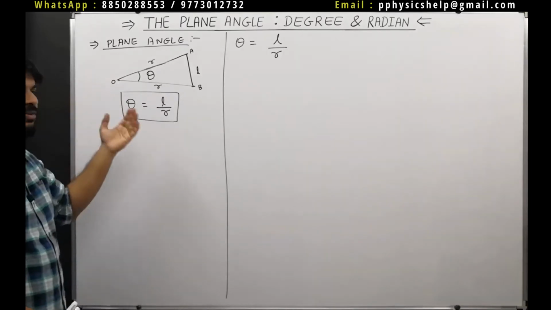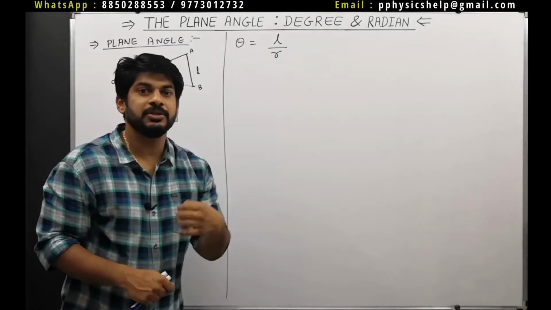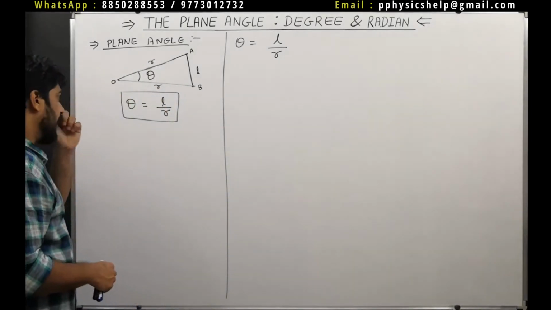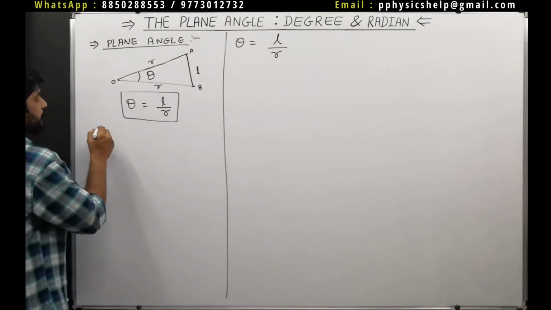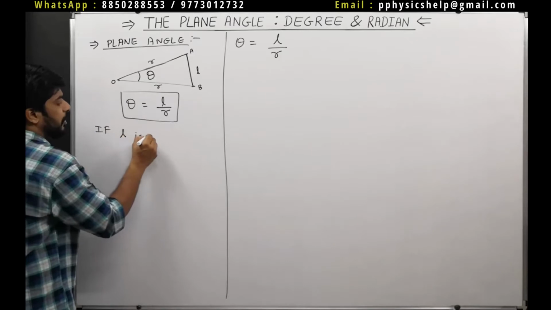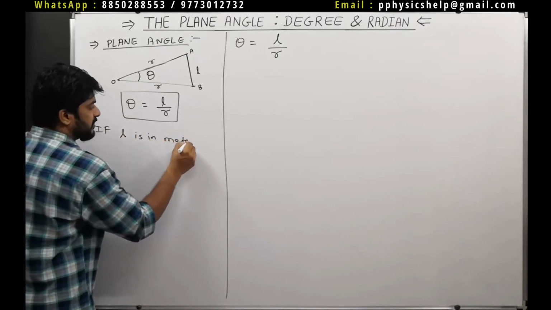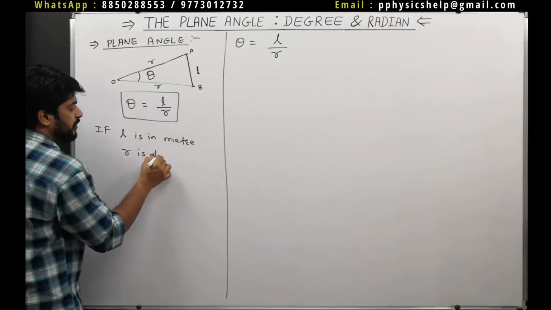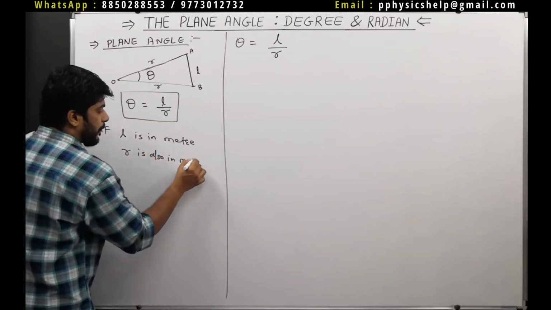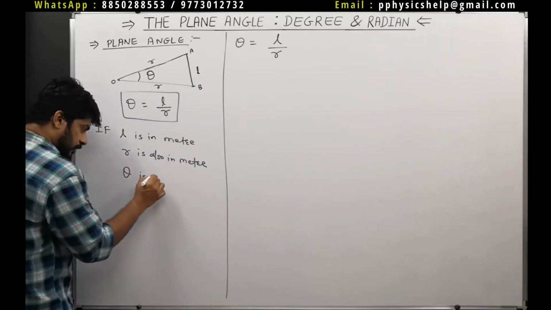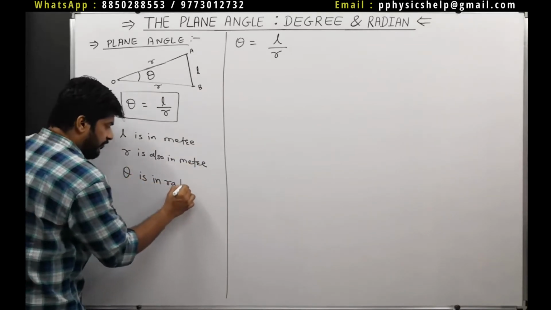So this is the conventional way of writing the equation for theta, the plane angle. And over here, if this length is in meters and r is also in meters, then theta is in radian.